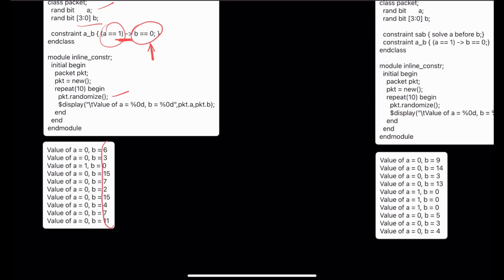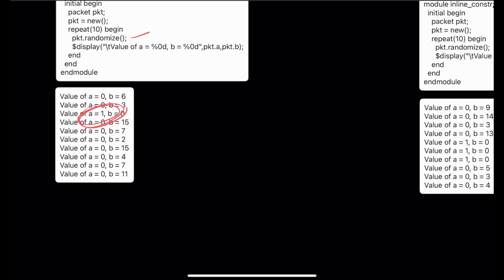Here we can see the output of B takes a large number of values out of 16: 3, 15, 7. If B gets 0, then only A is getting 1. Otherwise, all zeros. What we can see here is that the value of A will be 1 a smaller number of times, correct?